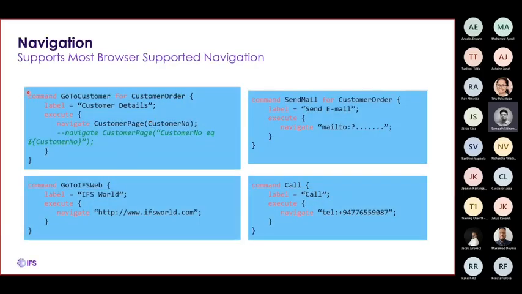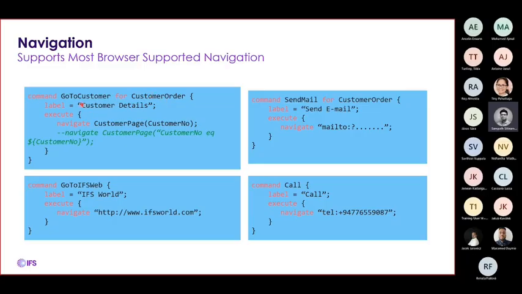You can use this syntax to create a command. Each command has a name, and optionally the command could be created for a certain entity type, or it could be not created for an entity type as well, right? If you create a command for an entity type, you get to use the attributes in that entity type. In this case, we have created a command called go to customer, and that uses the customer order entity, and it has a label.